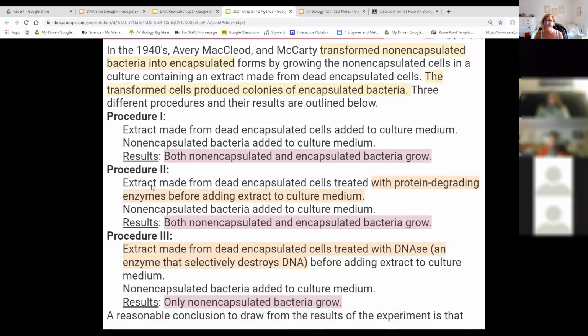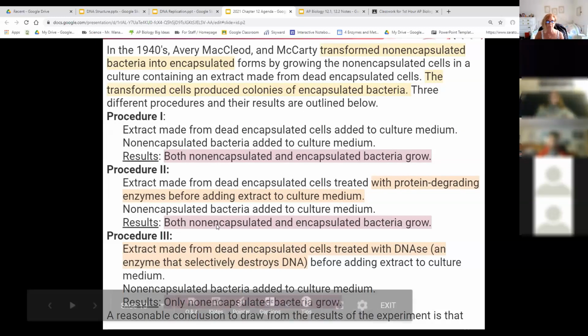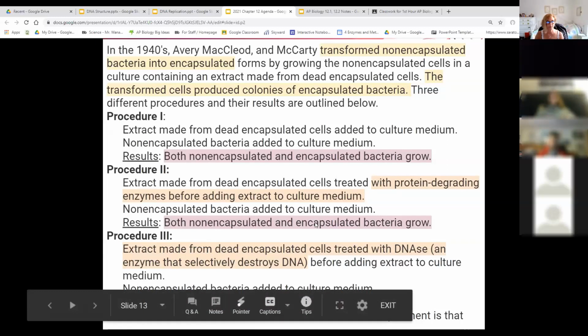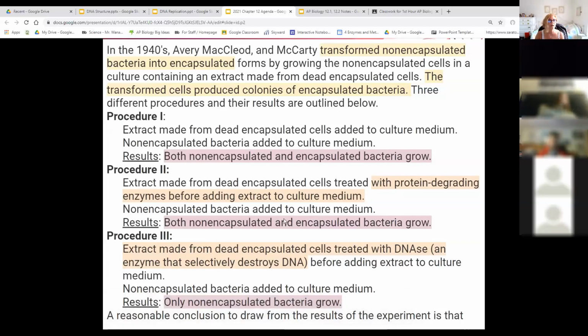Then he's going to use that enzyme that kills it, like the Avery McLaughlin. So he takes those dead encapsulated ones that originally caused transformation. He used the protein degrading enzyme, non-encapsulated bacteria added, both still showed, like the original form. That means transformation is occurring.